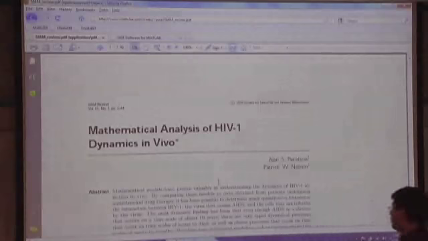So that's one thing. And there is a much longer, much more in-depth review article from 1999 that explains how that model comes into being.